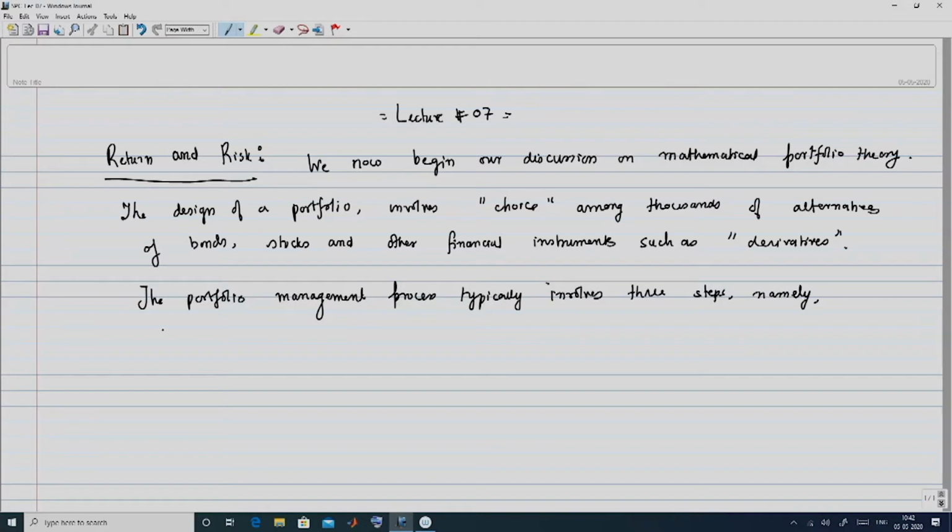So, these 3 steps are security analysis, portfolio analysis, and portfolio selection. So, let us go through this one by one. So, the first one is the security analysis.